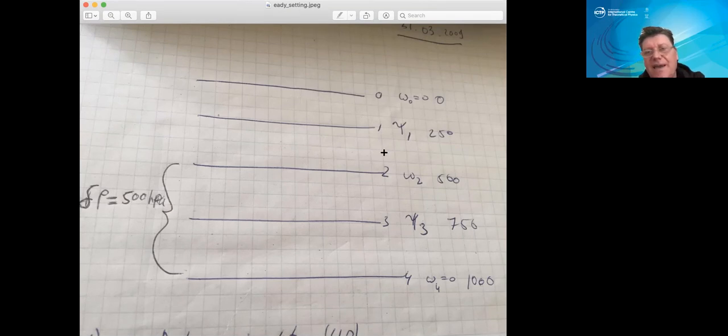So first of all, we have 4 levels in principle. The top level here is at 0 pressure. And at 0 pressure, we have this simplification, of course, that omega, which is the derivative of pressure, is always 0 if the pressure is always 0.